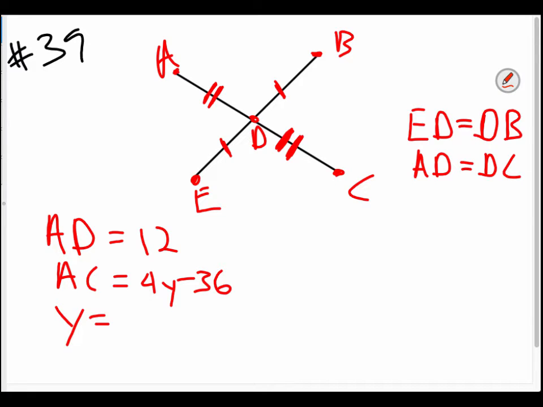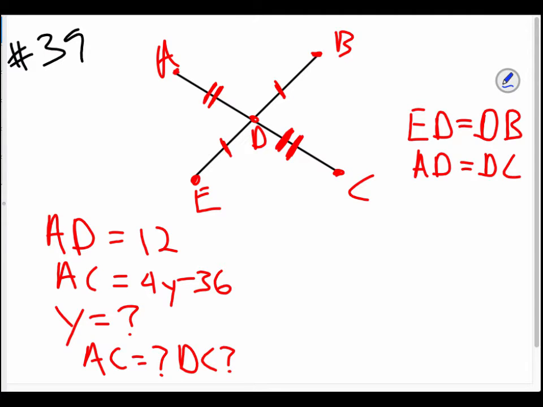So they want us to find y. Then they want us to find AC. Then they want us to find DC. All right, cool. Oh, that's easy. Maybe not. So they give us AD.